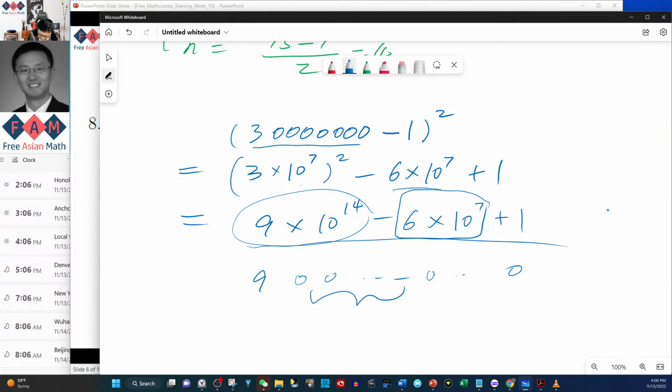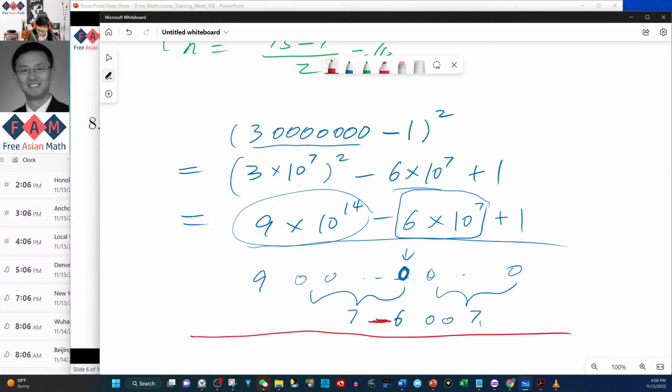We have a first group 7 digits, and the second group another 7 digits. Because when we do this subtracting thing, we will align the last 7 digits. We are trying to work with the 8th digit. This is the 8th. And we are subtracting a 6 something from here, right? So just do that. So you will immediately see that when we do this, the last 7 digits won't change. We will have 7. And when we do this, this becomes 10 minus 6. That will give us 4.